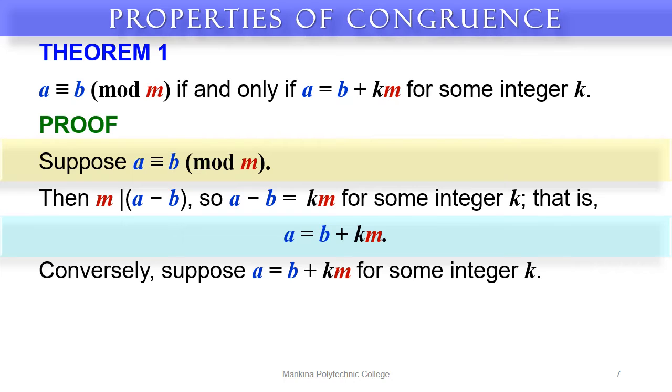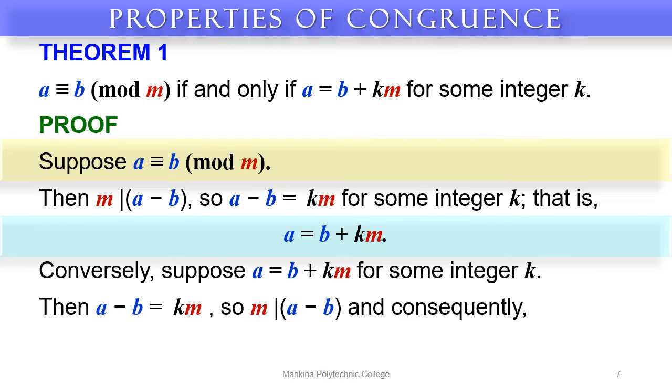Conversely, suppose a equals b plus k times m for some integer k. Then, a minus b equals k times m, so m divides a minus b, and consequently, a is congruent to b modulo m.